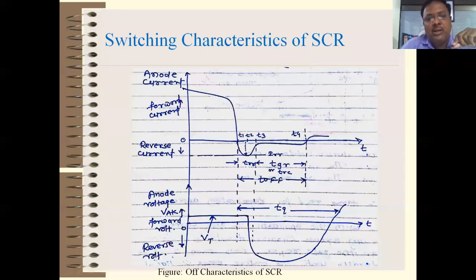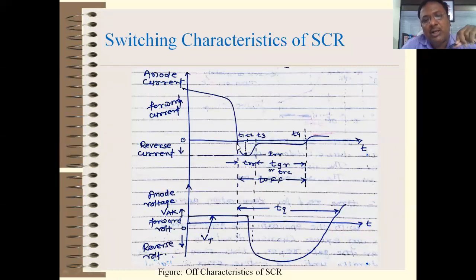Basically what happens when reverse voltage is applied, whatever charge the junction capacitance has stored requires some time to be removed, right? That is basically called the turn off delay time. But once the charge is removed, the time is required to recombine with the opposite polarity of charges.